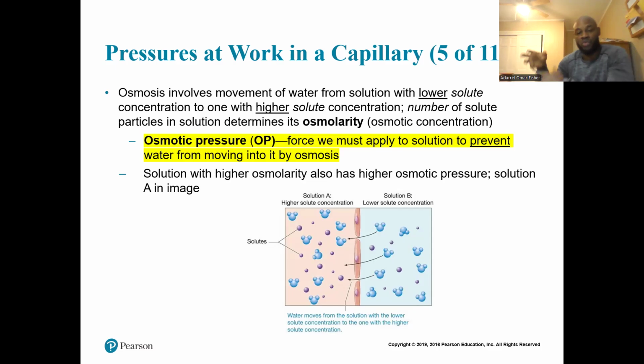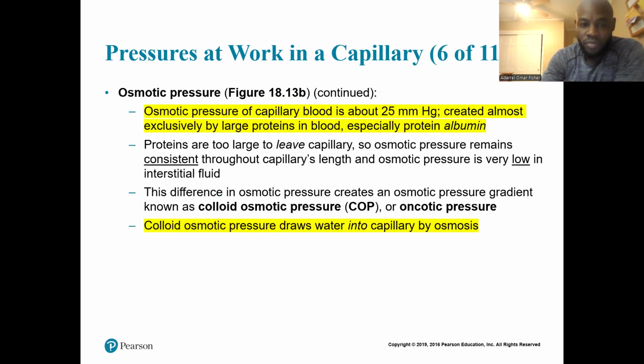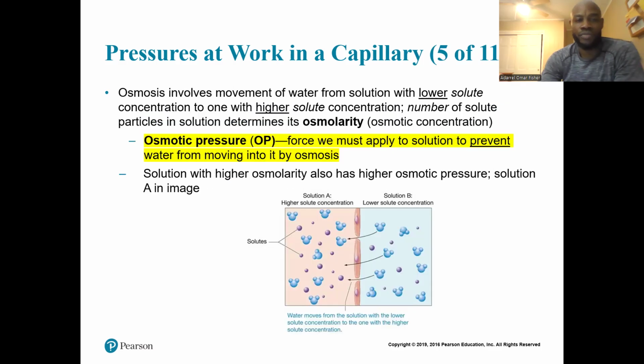So water is naturally going to want to move from low concentration of solute to high concentration of solute, and the force that it would take to resist that movement is osmotic pressure. Right? So a solution with higher osmolarity has a higher osmotic pressure. You see it here below. The more solutes, the more things dissolved in the water, the more the water is going to want to move to balance out the concentrations. And the pressure that will resist that will be the osmotic pressure.